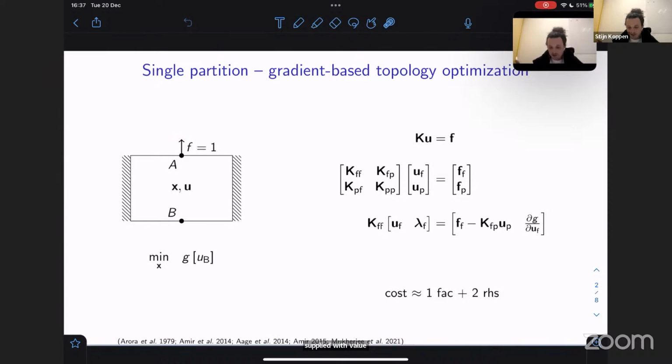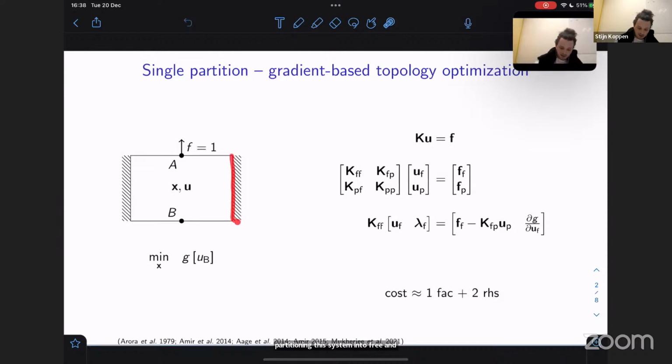And in the context of gradient-based topology optimization, which we solve in a nested analysis and design setting, we try to solve this problem and analyze the computational costs. Now we consider here that we have a response function, G, that is a function of the state at point B. And in such a setting, where we also consider linear or linearized physics, we typically have to solve a system like this, K u = F. And we do so by partitioning this system into free and prescribed degrees of freedom.